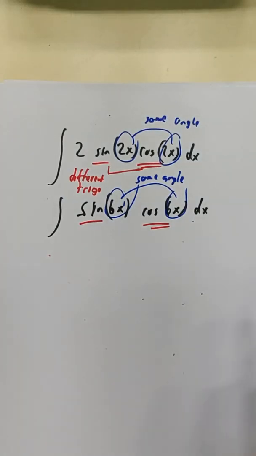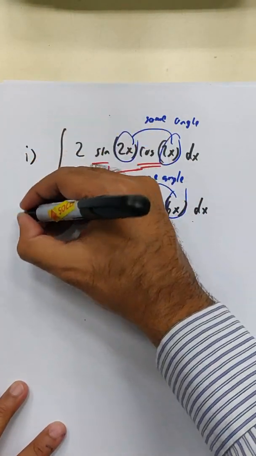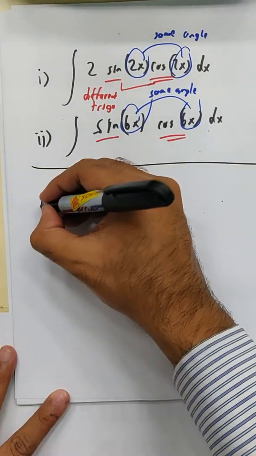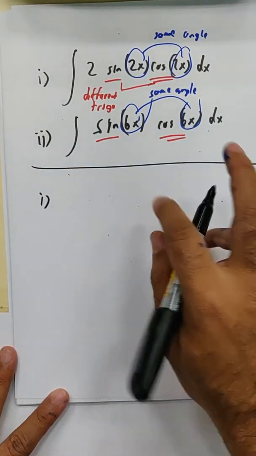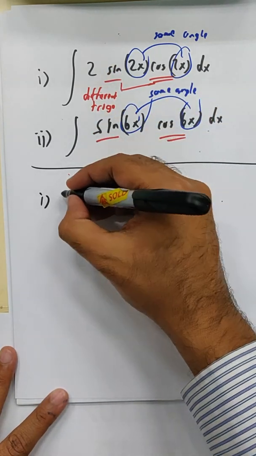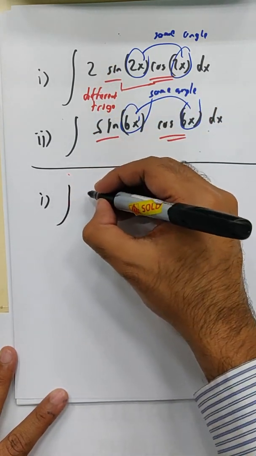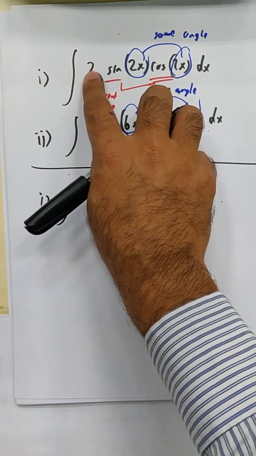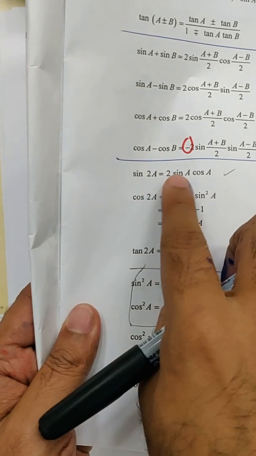Okay, I will show them briefly. For the first one here, you can just directly get yourself into it by using the formula. There's a 2 here, okay?